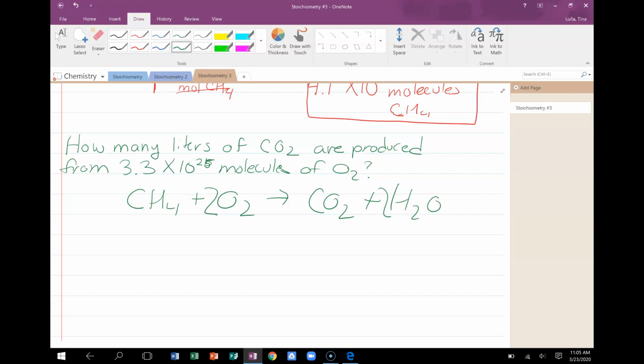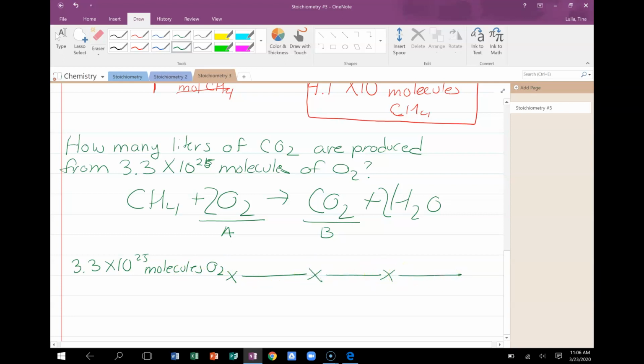Okay, hopefully you identified this as a particles A to volume B problem, okay? And you started with 3.3 times 10 to the 25th molecules of O2. You knew this was a 3-step problem. I'm going to try to fit all 3 steps on one line.